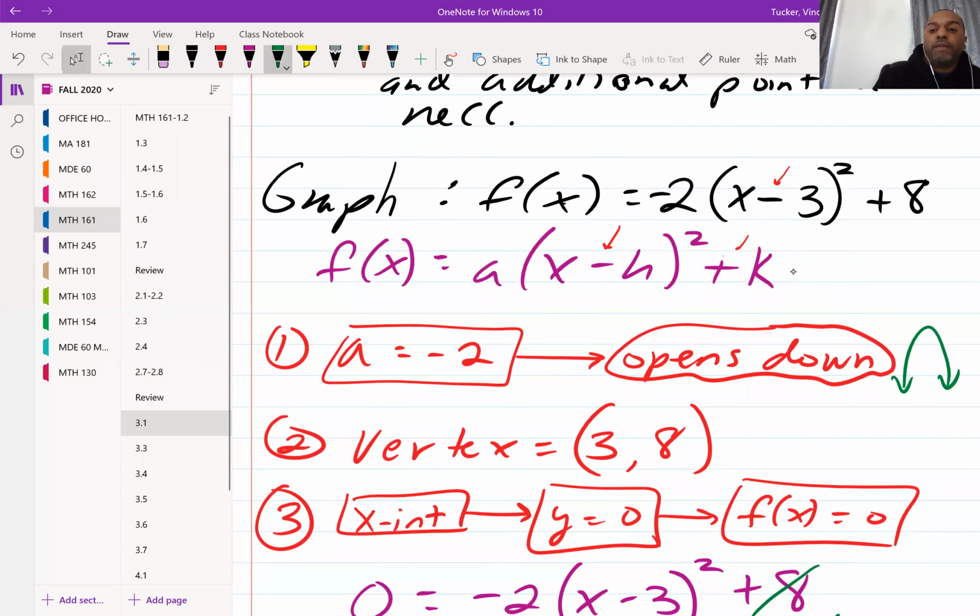So we have x minus 3, so we use positive 3. And then positive 8 is what we have here. Because of this minus sign, we use the opposite sign of 3, and then we use the positive 8.